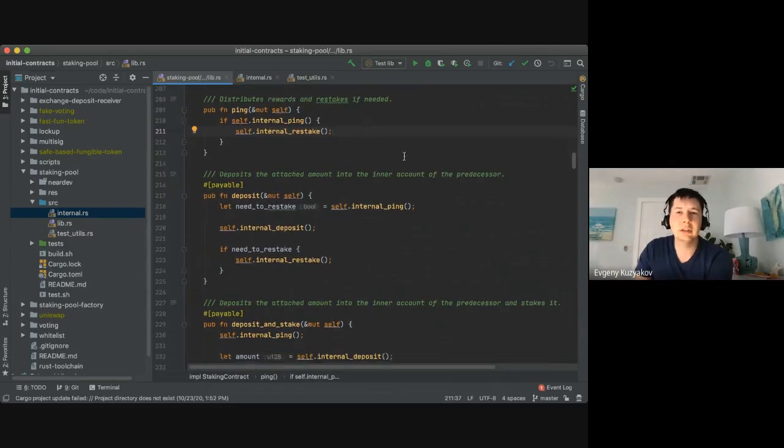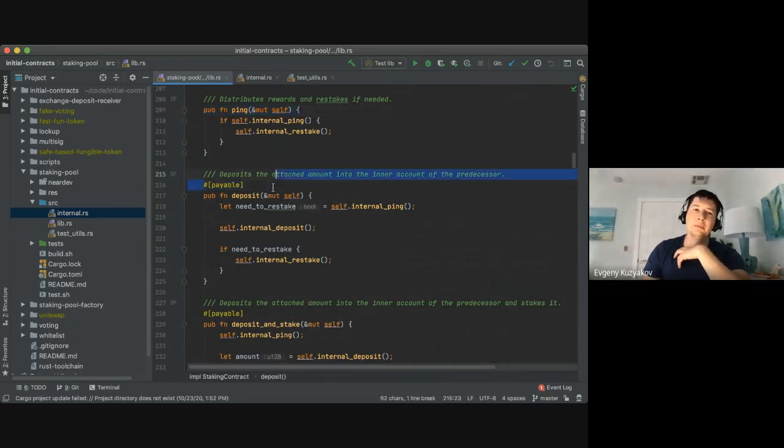The next is deposit. Deposit is a payable, which means it can accept an attached deposit. This is similar to Ethereum: a decorator that allows receiving funds only in the methods that expect them. So NEAR by default will panic if you try to call a method, for example ping, and attach a deposit to this method.